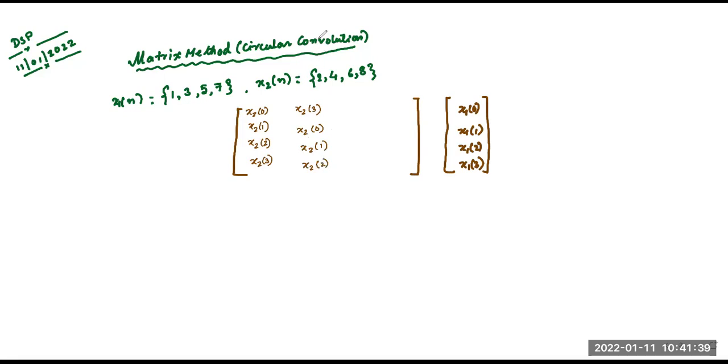That means what is happening? If I draw a straight line, this one is going to this side, and each bit is shifting downwards, like this.